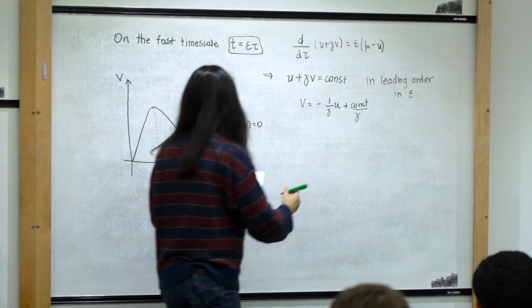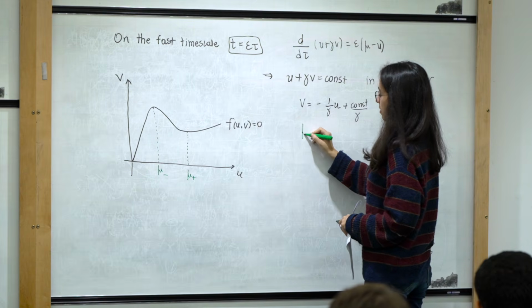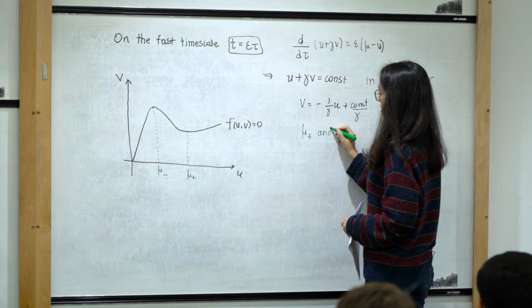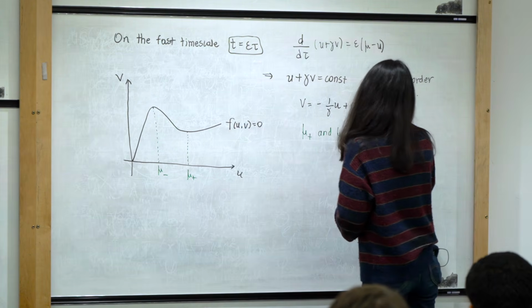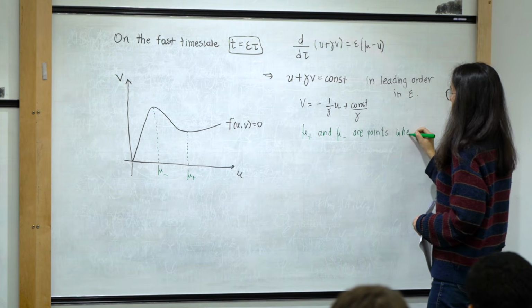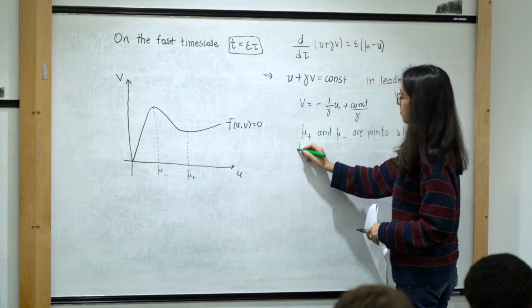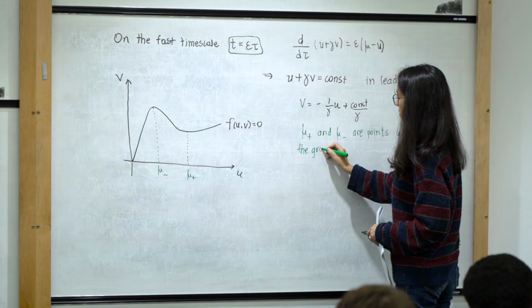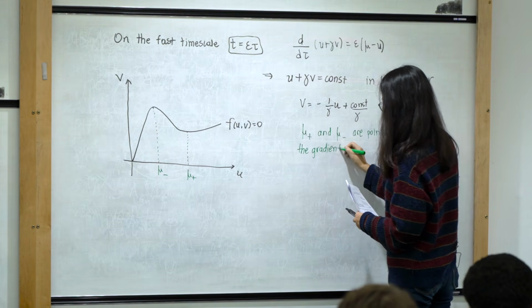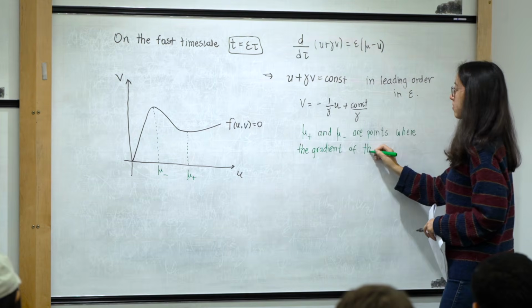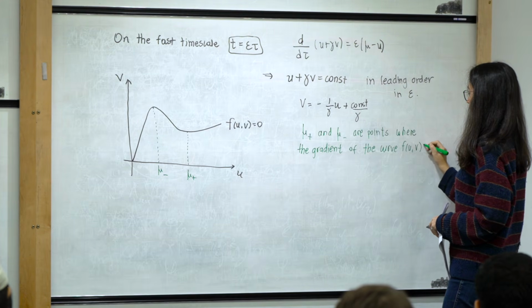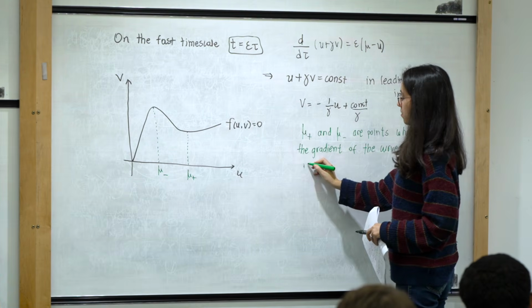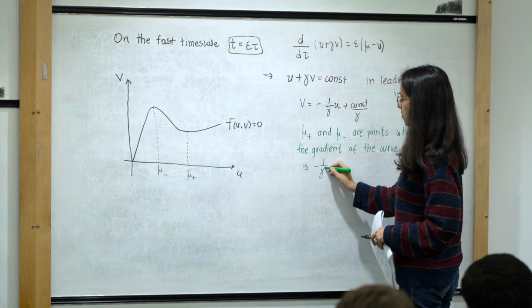I will define them over here. So mu plus and mu minus are points where the gradient of the curve f of u comma v is equal to 0 is minus 1 over gamma.